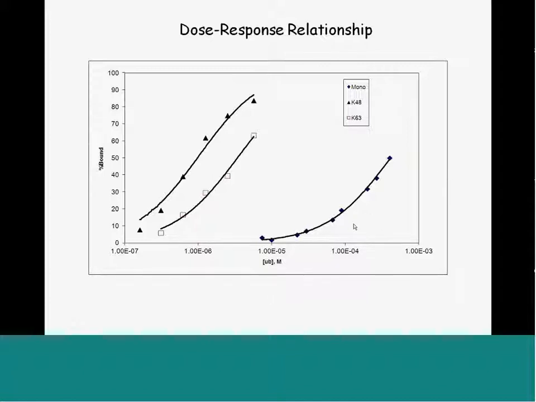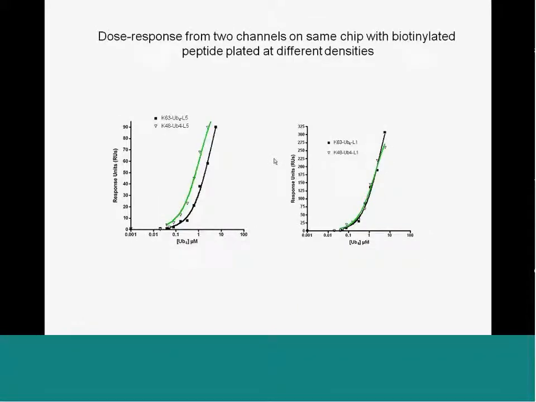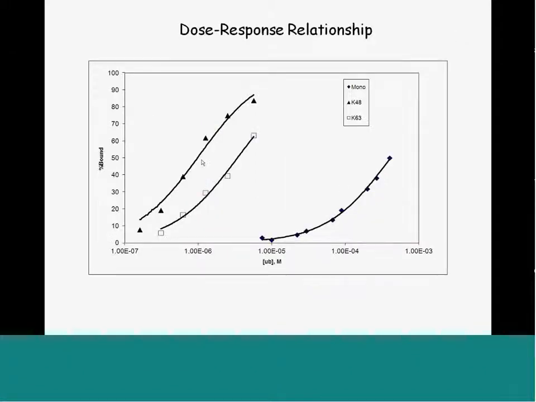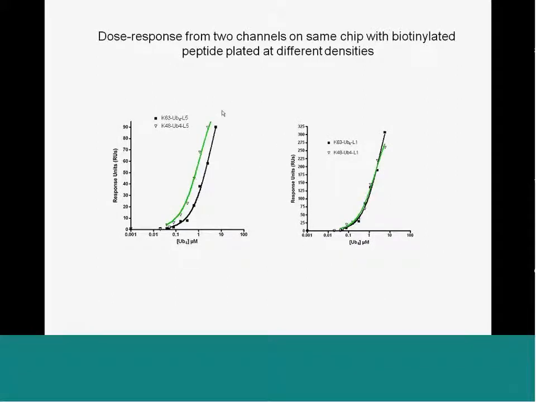And this is typical of mono-ubiquitin. It's usually in the 500 micromolar range in these types of experiments. The K48 and K63 definitely bind with higher affinity to the ubiquitin binding domain. We don't know if there's a difference between the affinities as much as suggested here. Again, this is probably about a 1 to 3 micromolar difference.